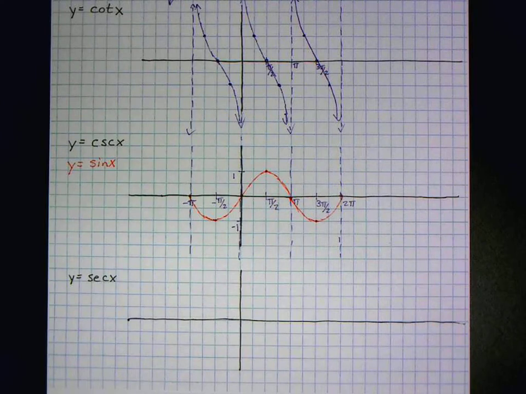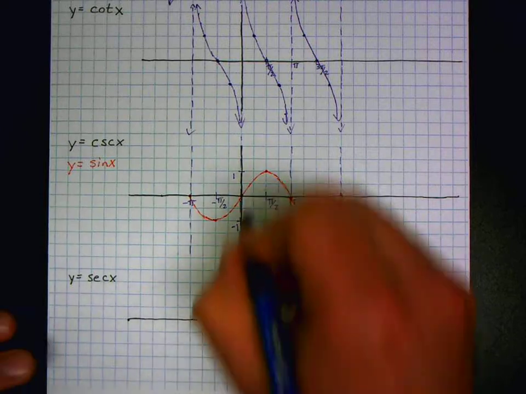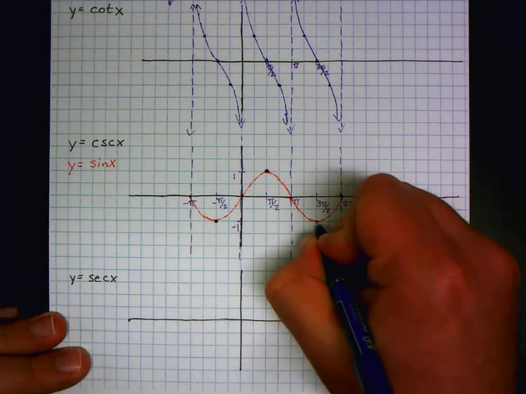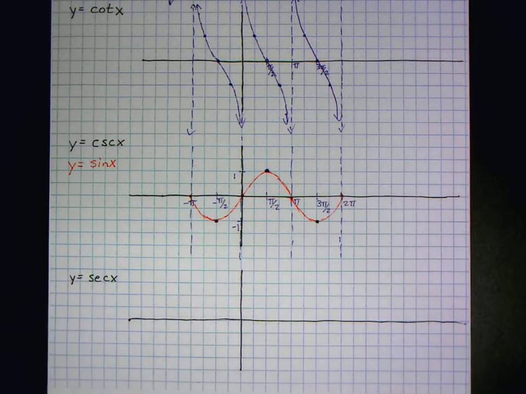Okay, every place that's a 1 is still a 1, correct? Every place that's a -1 is still a -1. So this point, and this point still exist.